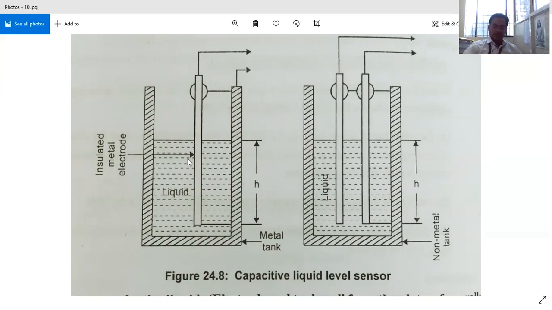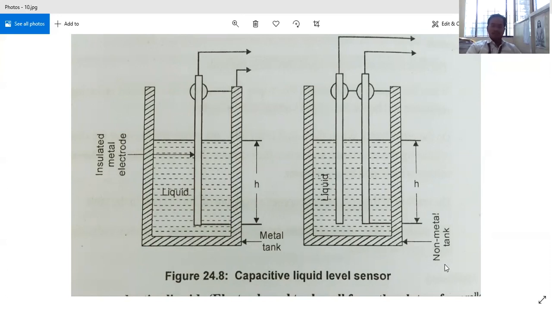Now coming to the description of this, we have two types here. First, a metallic tank. One of the metallic walls of the tank will be considered as a fixed plate of the capacitor, and this is also a fixed plate. Between these two, you have the dielectric, that is the liquid.